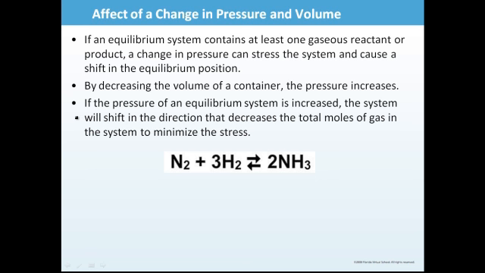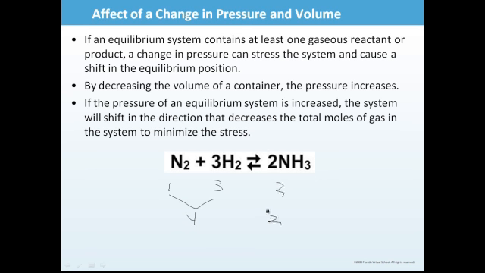So we got to first figure out where or how many particles we have. Well, over here we have one nitrogen, right? The coefficient in front's a 1, and we have 3 hydrogens. So together we have a total of 4 molecules or 4 moles of molecules on the left side. On the right side we have 2 NH3, so we have a total of 2.